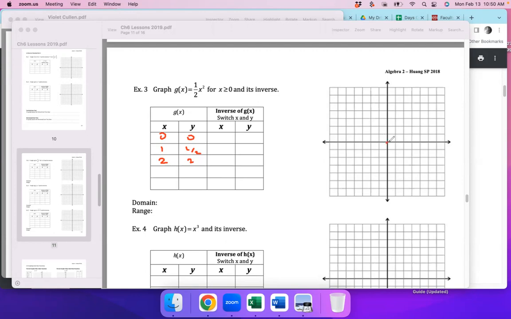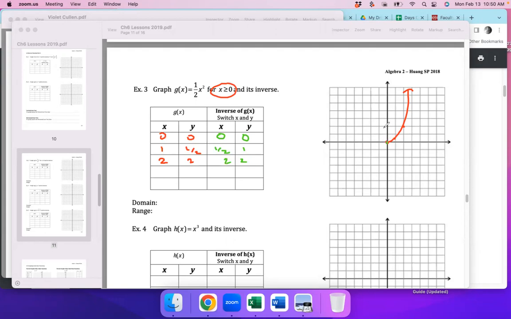So let's plot that. Because you had to follow that domain. My fault. Now let's switch it up. So you switch these coordinates. So 0, 0.